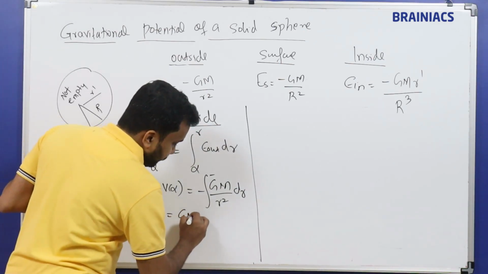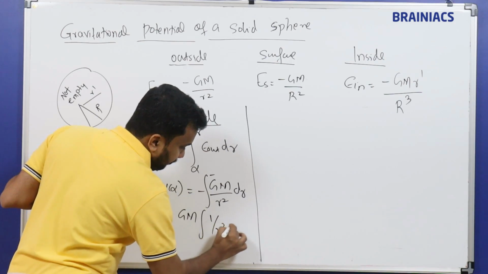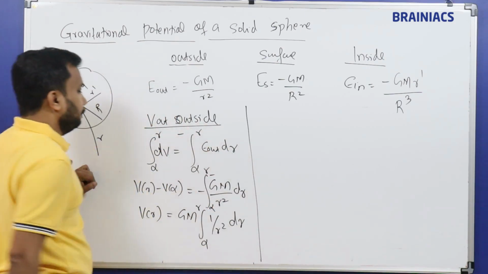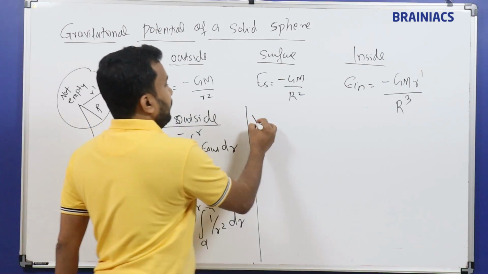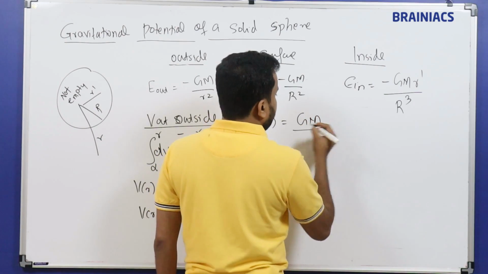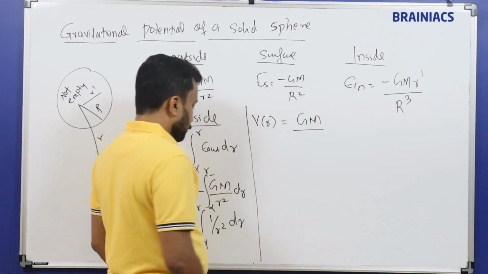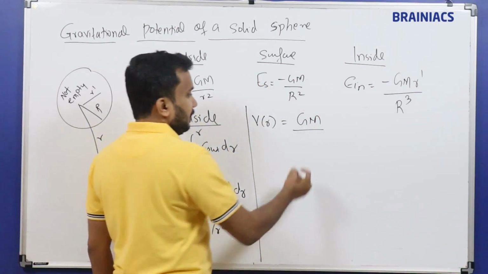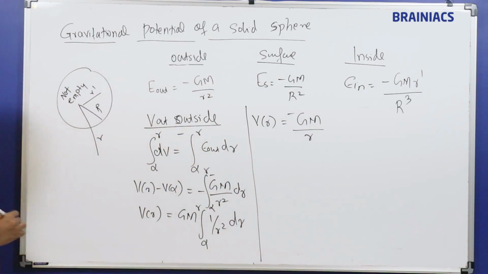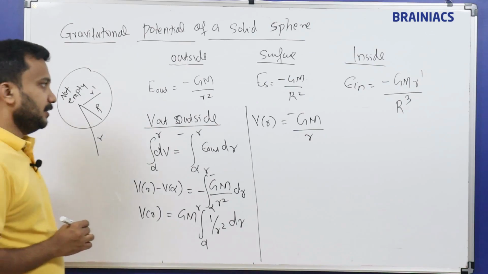So it becomes GM times integral 1 by r square dr from infinity to r. So V of r, the potential at a distance of r, will be equal to GM times the integral of 1 by r square, which is minus 1 by r.